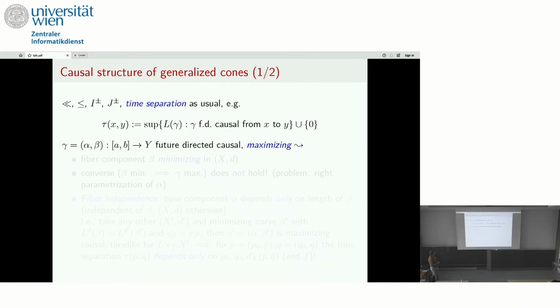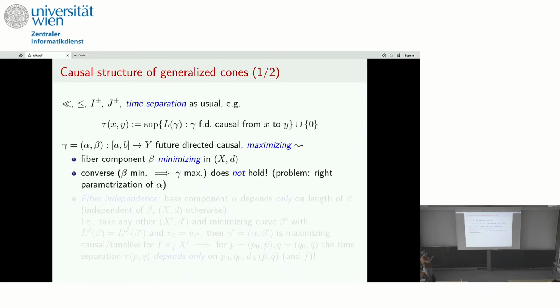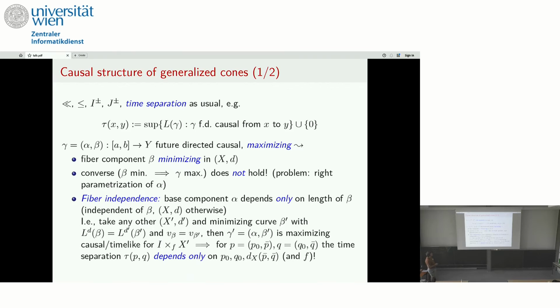And then you have fiber independence. So if gamma is a future-directed causal maximizer, with components alpha, beta, then the fiber component beta is minimizing in X. And of course, the converse does not hold because you have to choose the right parameterization for alpha. But the fiber independence tells you that the base component alpha depends only on the length of beta.